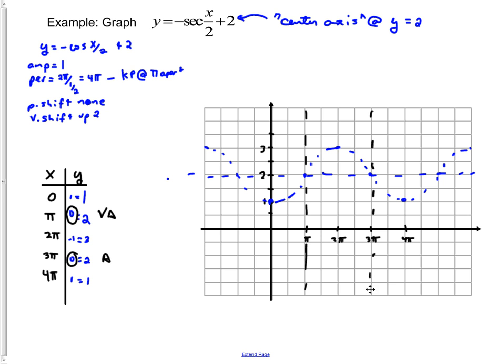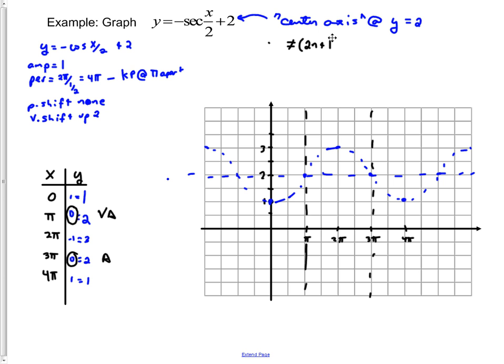If we wanted to find more values at which our vertical asymptotes are going to exist, because this is x over 2, right, normally for secant, we would say that our values of x were found by saying that x was not equal to 2n plus 1 multiples of pi over 2.